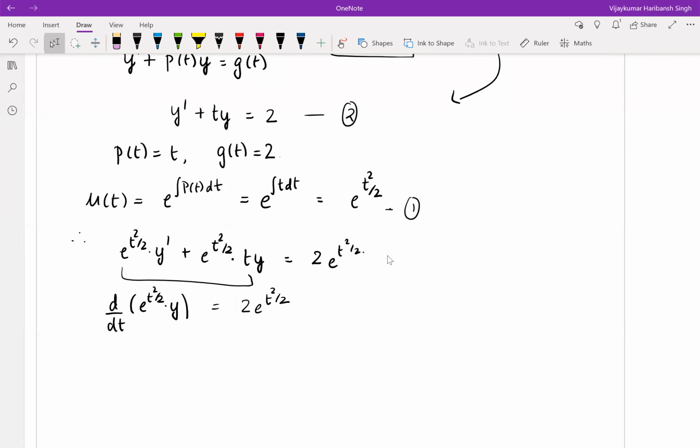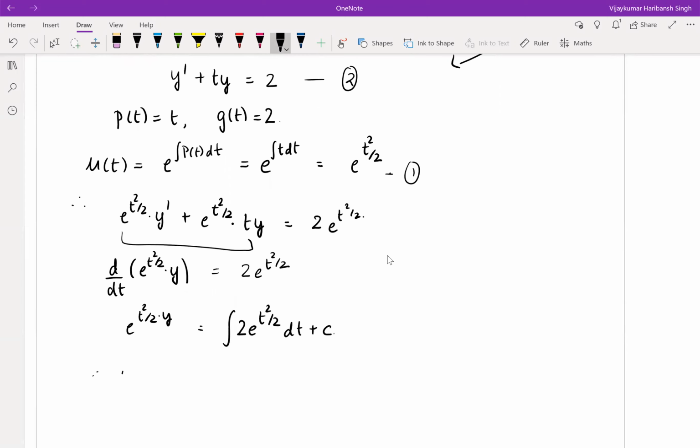Taking the antiderivative on both sides, we get e to the power t square by 2 y equals the integral of 2 e to the power t square by 2 dt plus a constant c. Dividing both sides, y of t equals e to the power minus t square by 2 times the integral of 2 e to the power t square by 2 dt plus c.